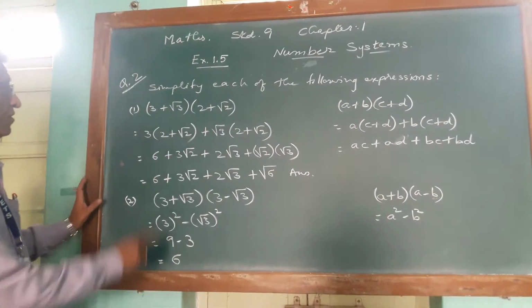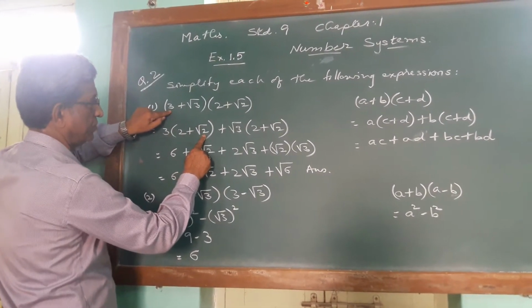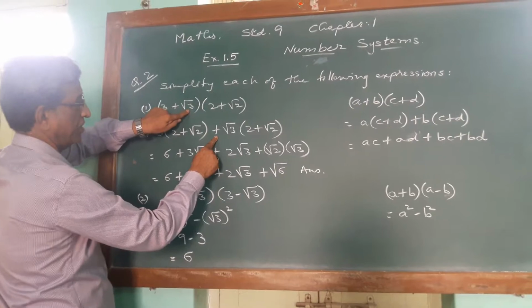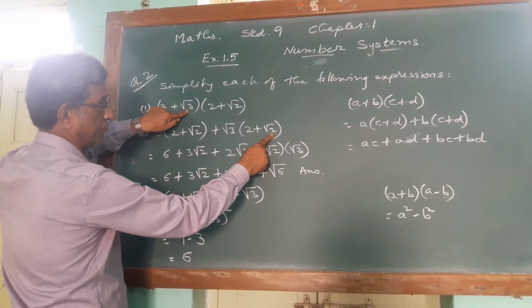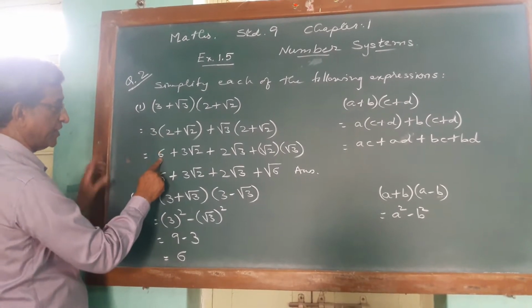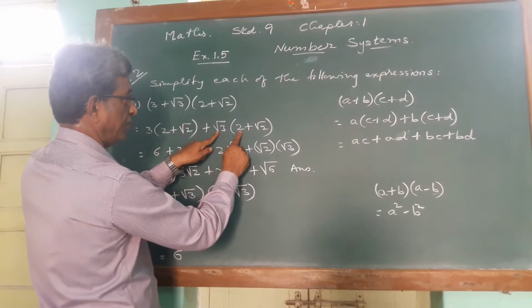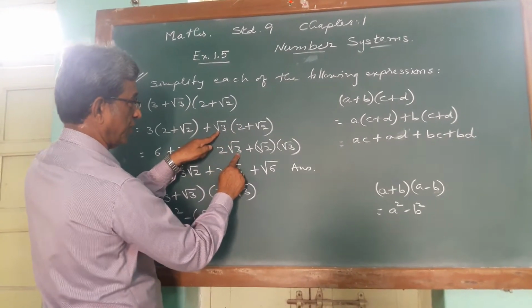So here first 3 into the whole bracket 2 plus root 2, plus root 3 into 2 plus root 2. Remove the bracket. 3 2s are 6. 3 into root 2 is 3 root 2. Root 3 into 2 means 2 root 3.